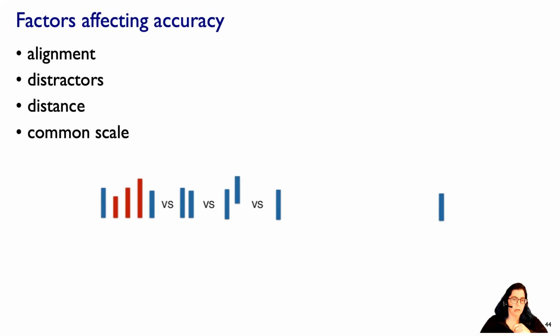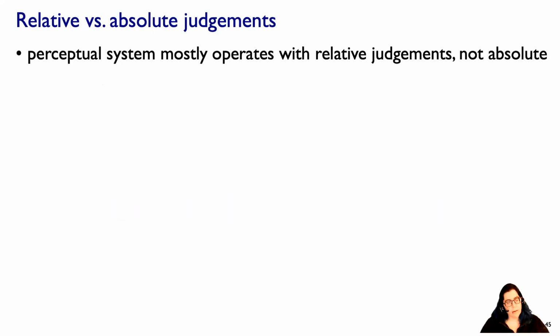Here we see aligned versus unaligned, or if things are really far from each other, it can be harder to tell. Are these two things the same height? Well, it's kind of hard to tell when they're that far away. So what's going on there? The perceptual system that people have is really evolved to make relative judgments.